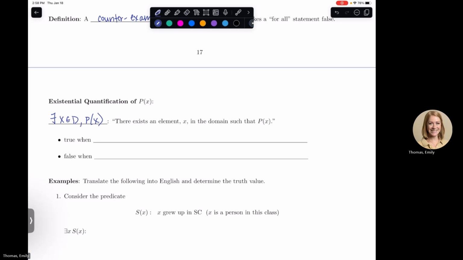All right. So I just said that there exists an X in D where P of X is true. So it's true when there exists an X in D where P of X is true, right? So when it's true for at least one X in the domain.